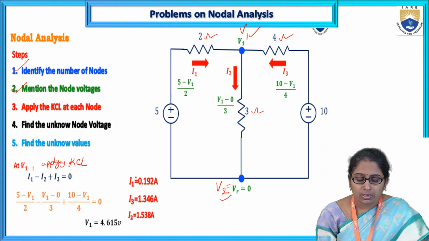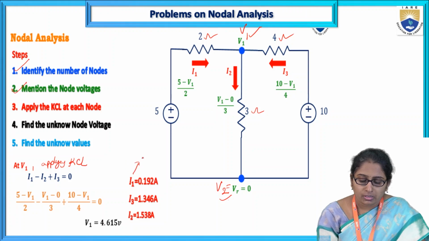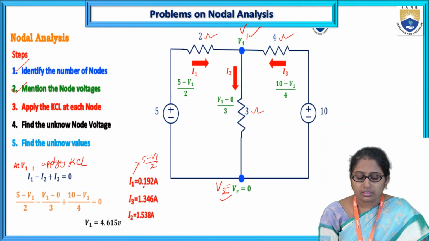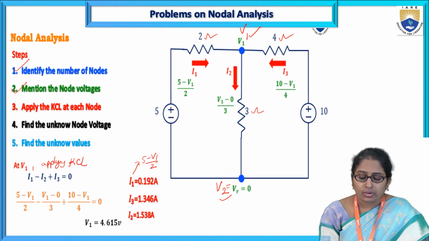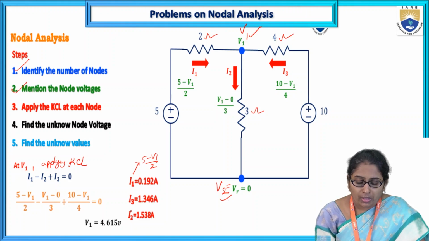I1 is given by (5 minus V1) by 2. So (5 minus 4.615) by 2 gives 0.192. Then I2 is V1 by 3, so 4.615 by 3 is 1.538.